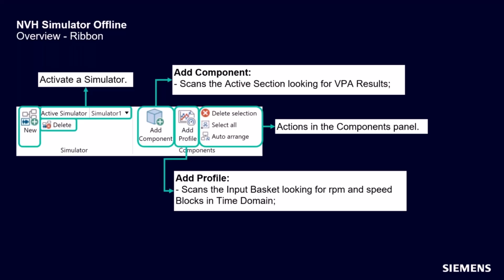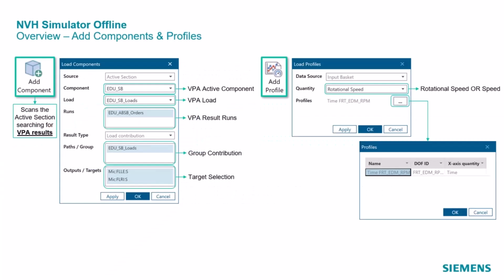That's our RPM or vehicle speed right now. So we activate a simulator. We add a component, and these components are active components where loads are coming from or acting on. And then we can add a profile, and these will be either RPM or speed blocks in the time domain.